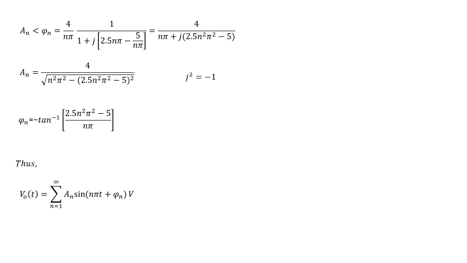Then once you've solved for amplitude and phase, you can put it inside the formula: V naught of t equals An sine(n pi t plus phase) volt.